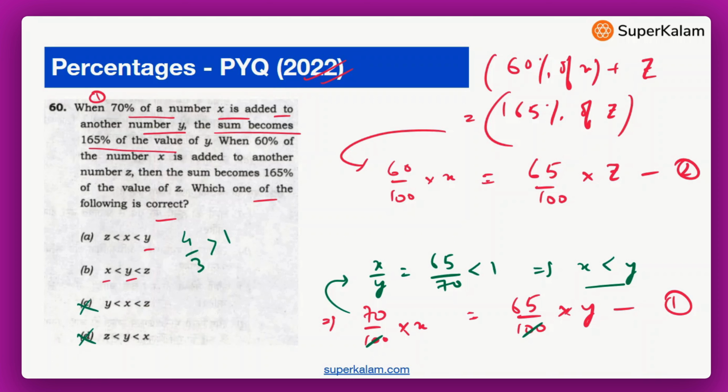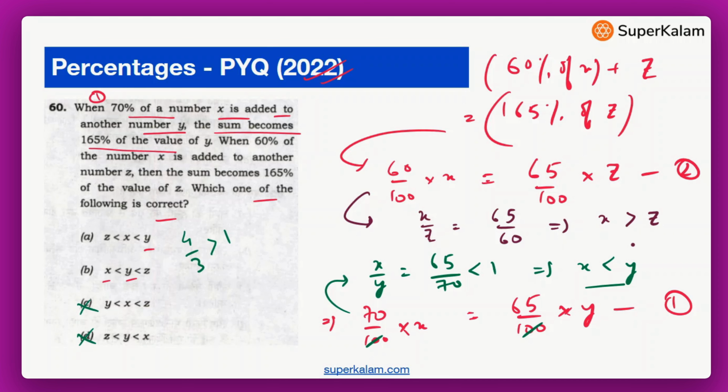Now let's look at the second statement. What does this say? If you take z here, x by z will be equal to 65 by 60. So 65 by 60 is greater than 1, which means x will be greater than z.